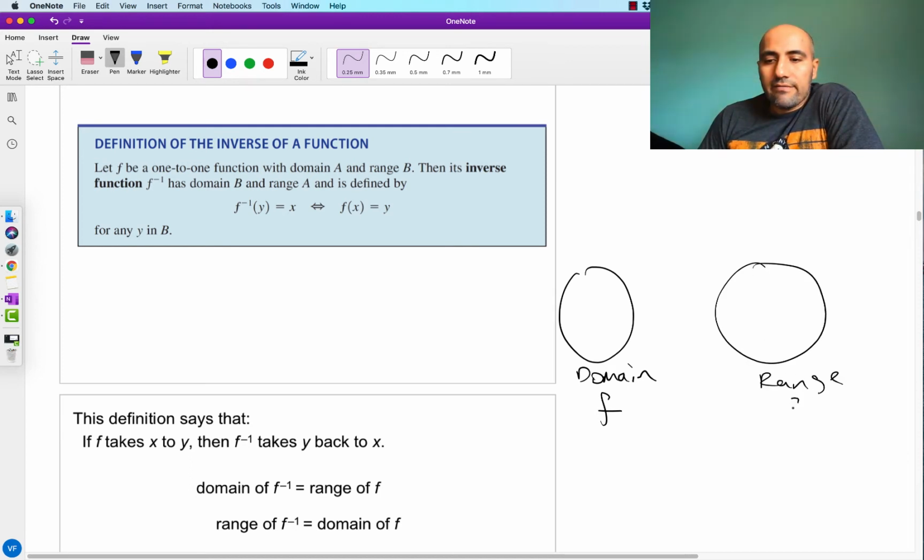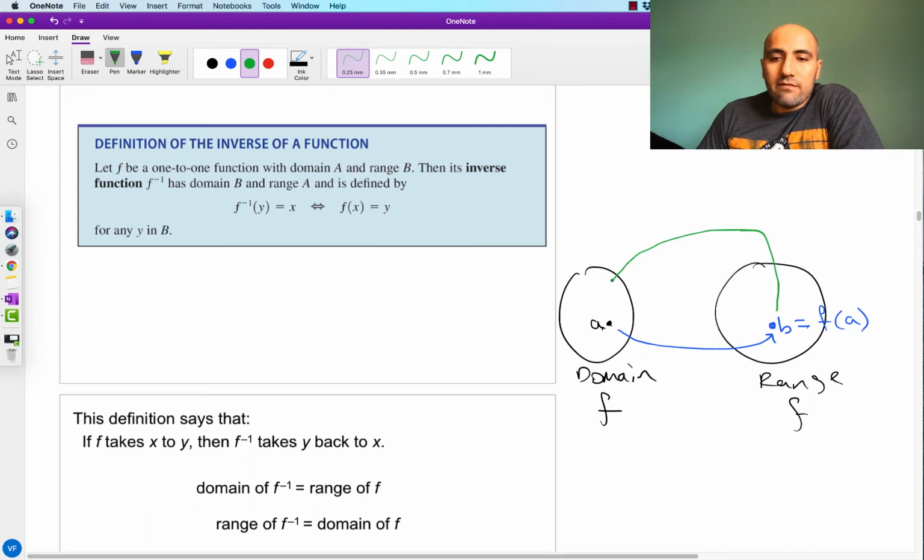So every single value in here, so some value a that starts there, here's a in the domain of f, a is going to map over here, and it's going to take you to some value b, which is equal to f of a. So b is the output of f of a. And then what happens is you come over and you take this output b and you plug it into the inverse function.